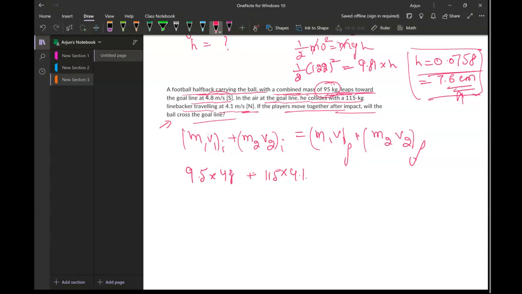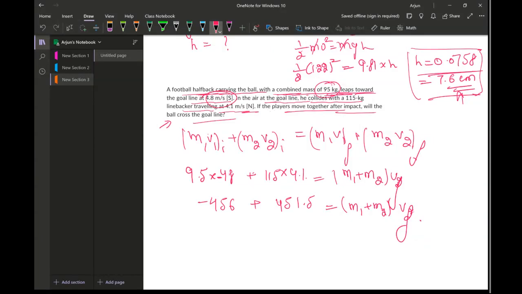Well, this person is moving south, so I'll mark this one as negative, plus m1 plus m2 times v final. And this is negative 456 plus 451.5, which is equal to m1 plus m2 times v final.